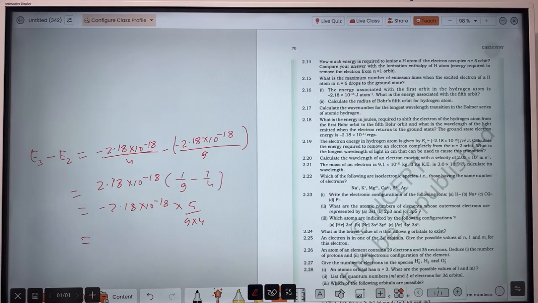This is the change in energy of the electron. So the energy of the photon will be in positive sign.